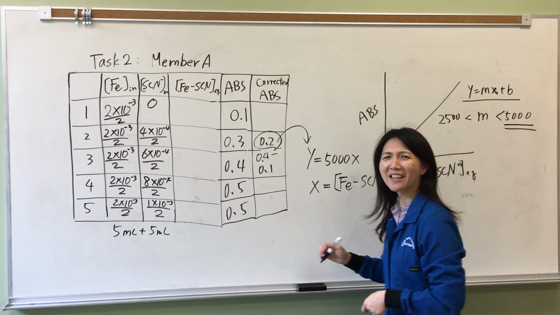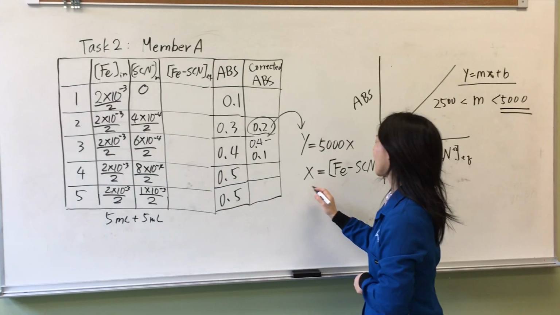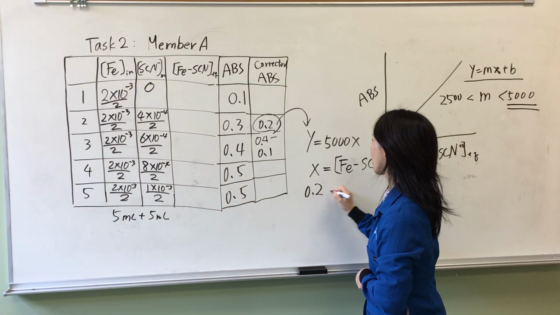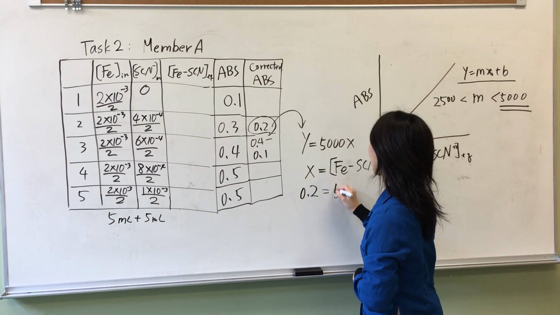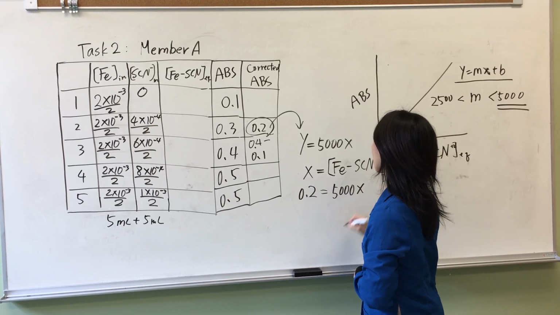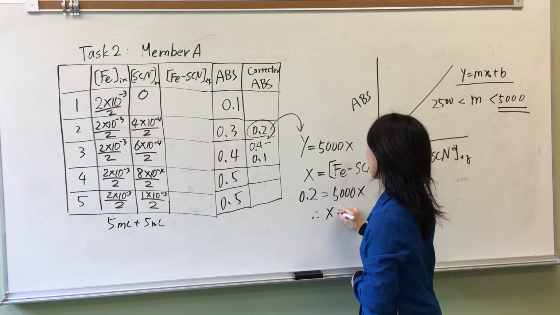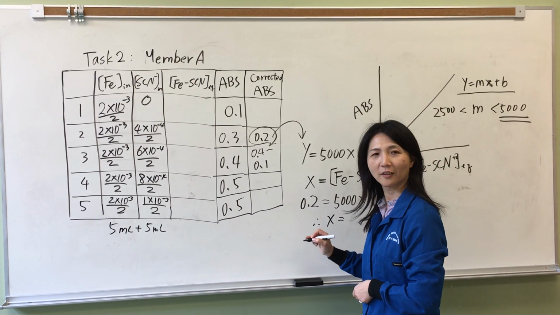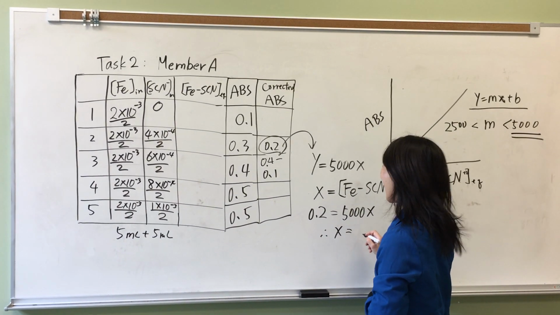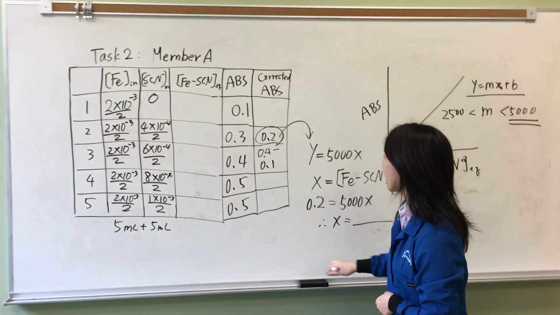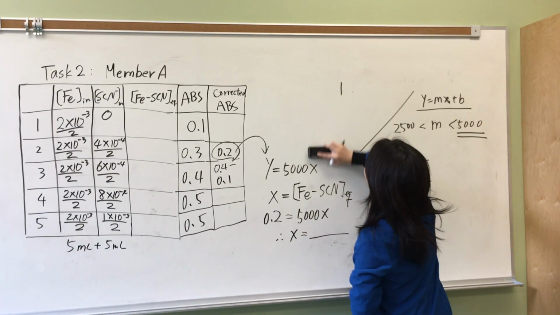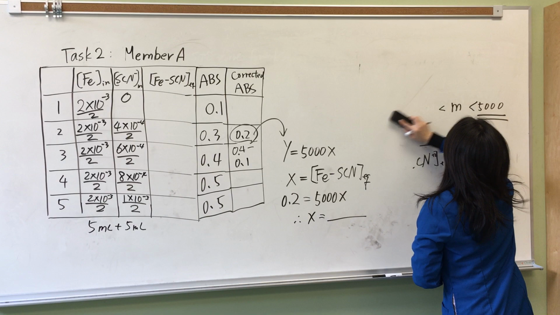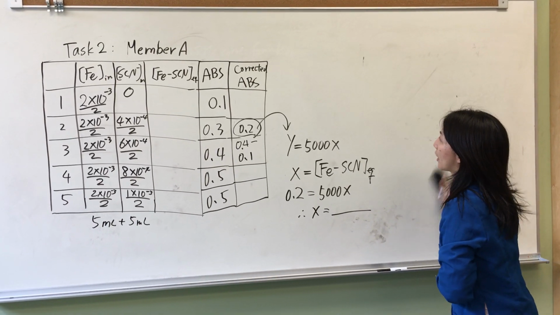So for standard 2, the corrected absorbance is 0.2, and then 5,000x. So the x should be what? I don't know. That's fine. So that you calculate the x. And then the worksheet, the table.